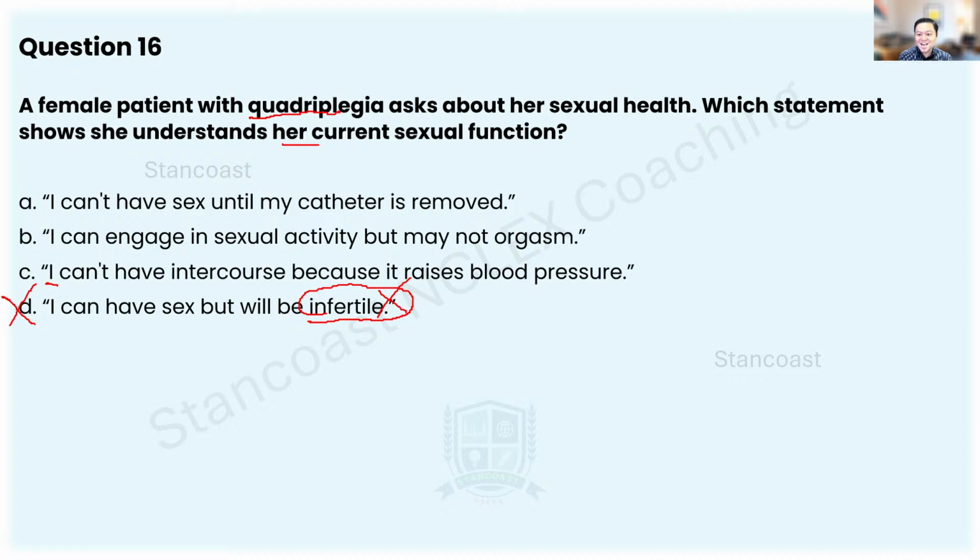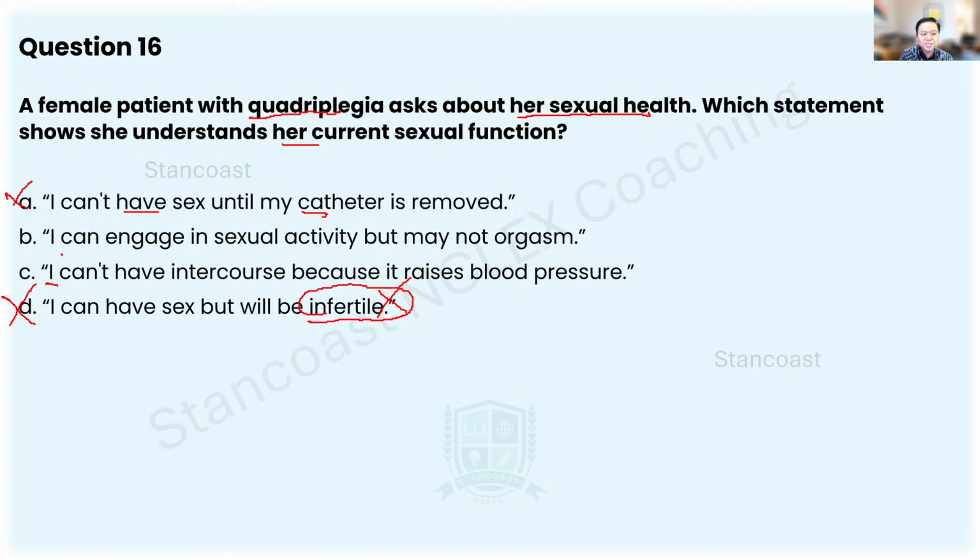It is not known. Let's have letter A instead. I can't have sex until my catheter is removed. Well, there's really no need to remove the catheter for sexual activity, right? This is an overall generalized question about sexual health. There's no need to remove the catheter for a sexual activity, guys. That's a false statement.